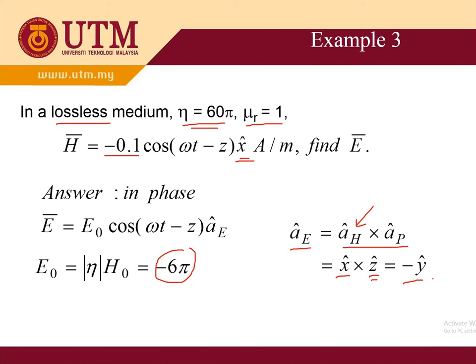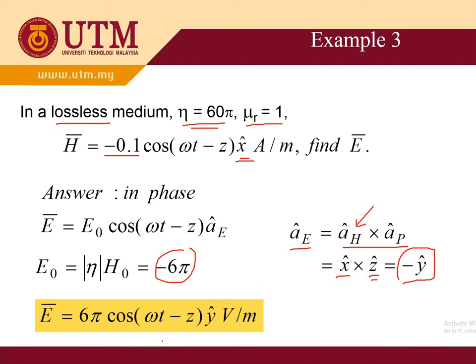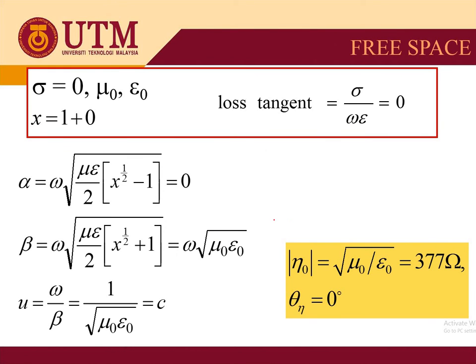So E is actually in the negative Y unit vector. Completing the substitution of all the values, the equation for the electric field is 6 pi cos(omega t minus z) in the Y direction, and because this is electric field, it is volts per meter.